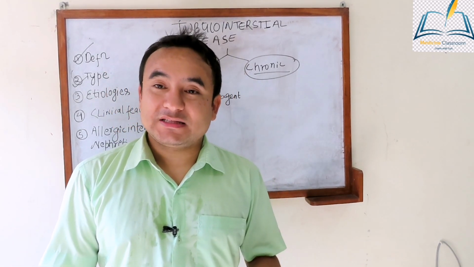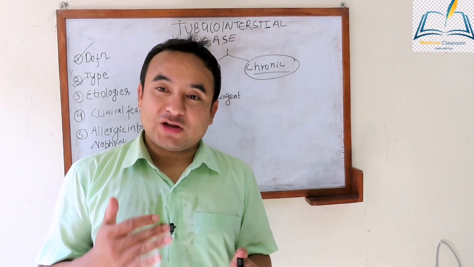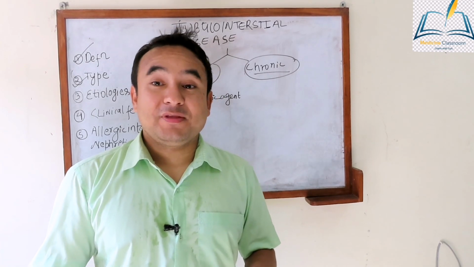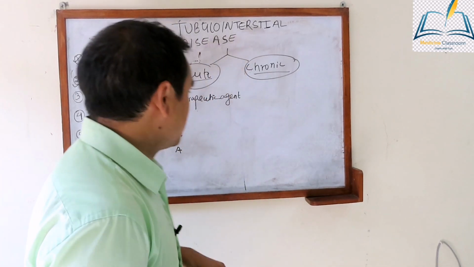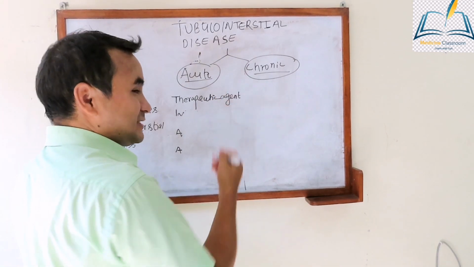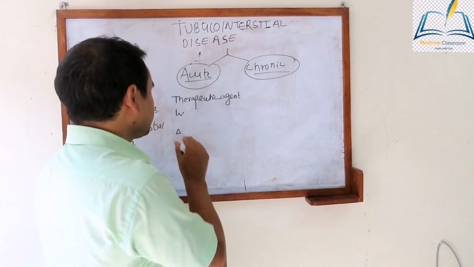So if someone has renal dysfunction after using antibiotics or NSAIDs for a few days, it may be acute tubulointerstitial disease. You should always remember therapeutic agents as one of the causes. You can write here NSAID, fluoroquinolones, and even ATT.